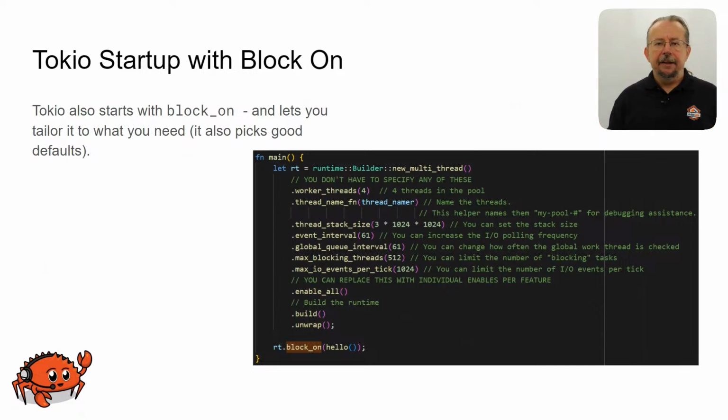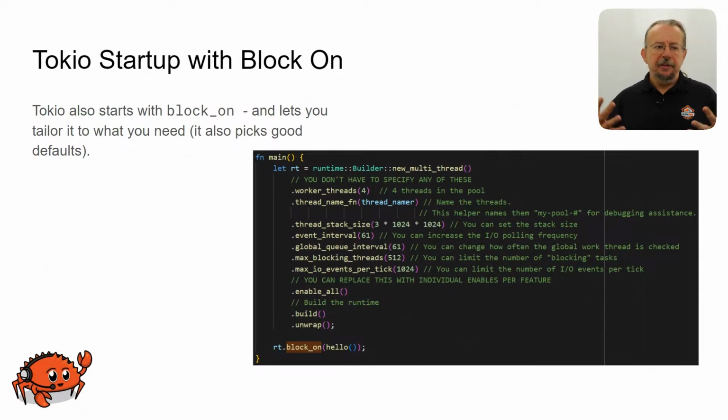You can change the size of each of the threads' stacks if you want, so you can potentially shrink things down a little bit in memory usage if you're not going to be using a large stack. You can specify exactly how frequently Tokio will be polling for both I/O events and for jobs that need to be shifted between CPUs. You can specify how many blocking threads it creates, which we'll talk about in a second.